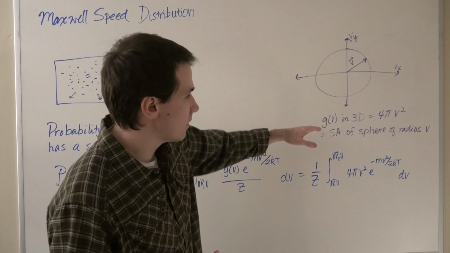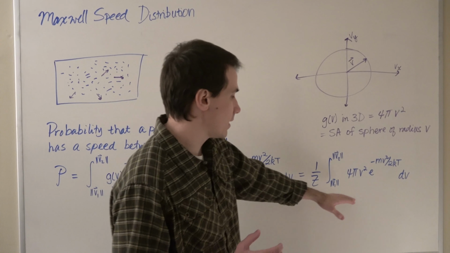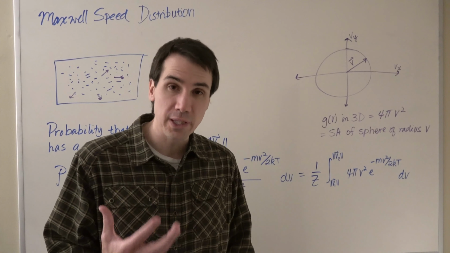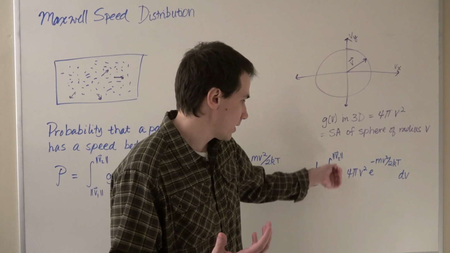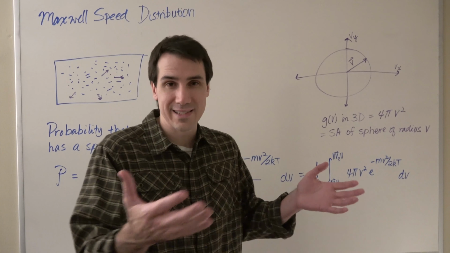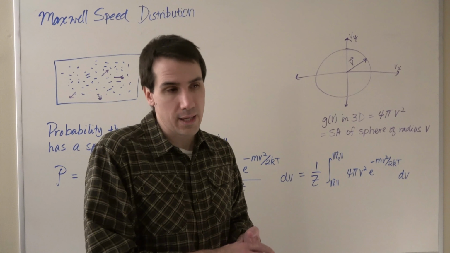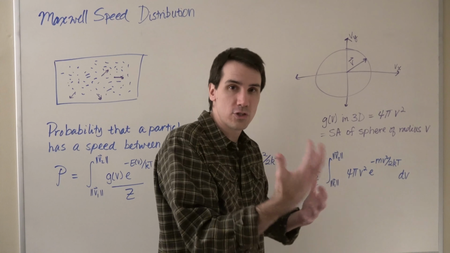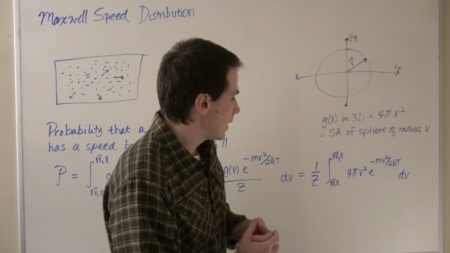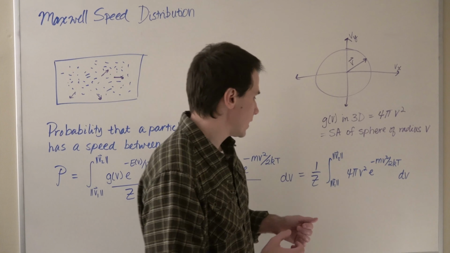So when we plug this in for our degeneracy, we find a final function for the probability of an individual particle having some velocity in a set range, between, say, 20 meters per second and 100 meters per second. That probability is equal to this function here.